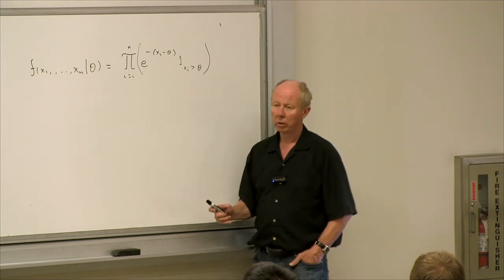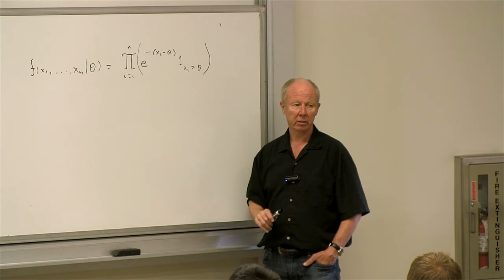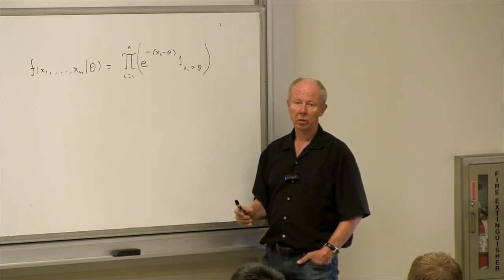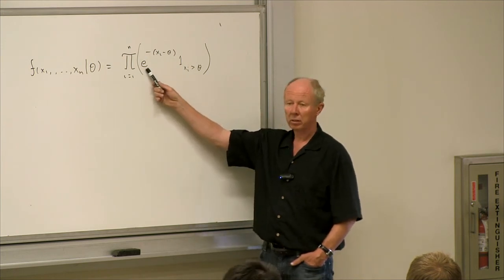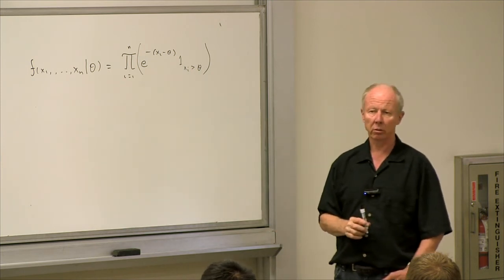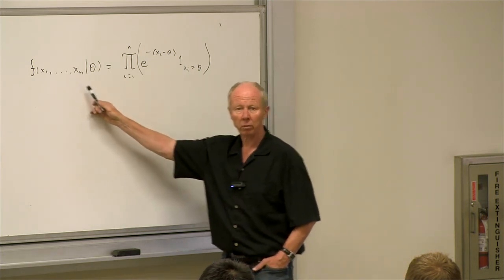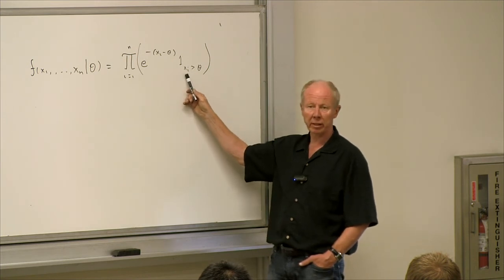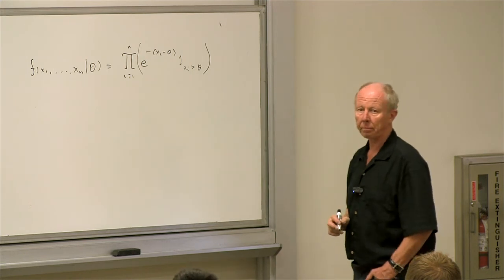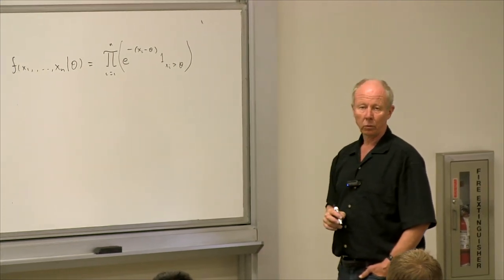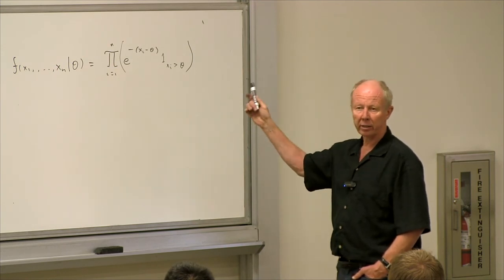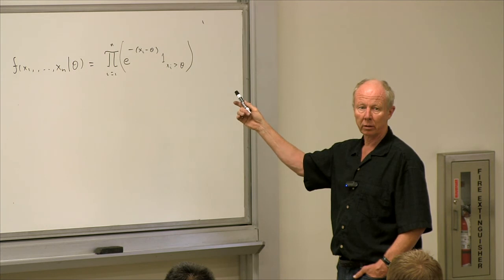Okay. And then what do we want to do? We want to find the maximum of this in theta. And this part's positive, so could the maximum be 0 when the function's 0? This will be 0 sometimes, right? When will it be 0? If any of the xi's is less than theta. So in order for this to be positive, all of the xi's have to be bigger than theta.